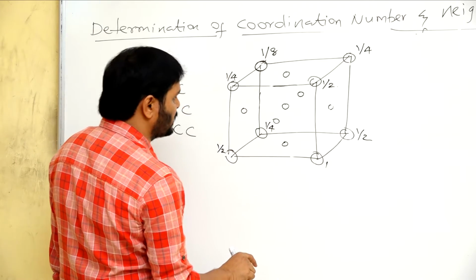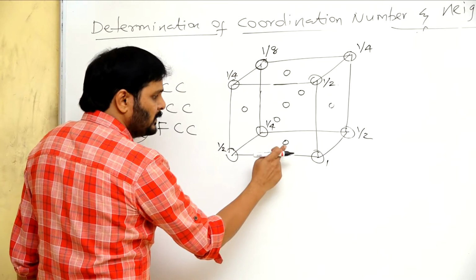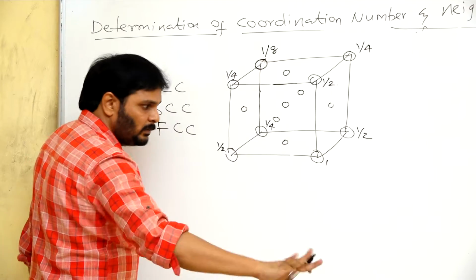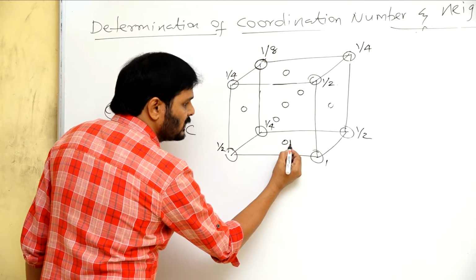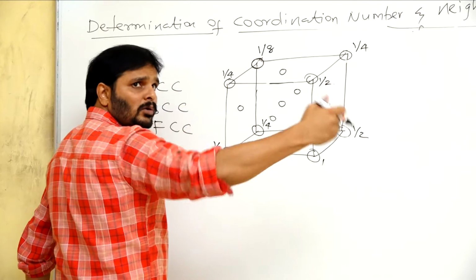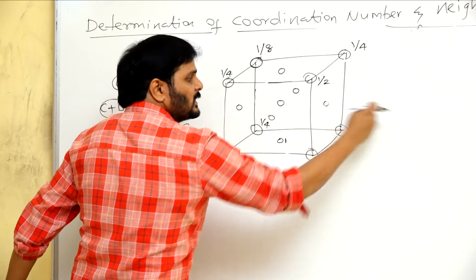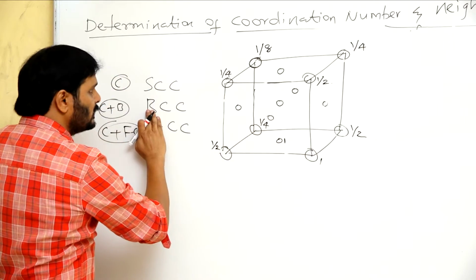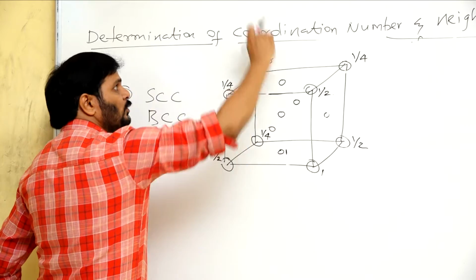So now 1, no sharing. Next, face center atom I am taking. Face center atom, this is the lower bottom floor. No sharing with any other room, so its contribution is 1. Again, this is the end wall, no other room after this. So we have 1 room here, 2nd room here, 3rd room here, so 4 rooms.